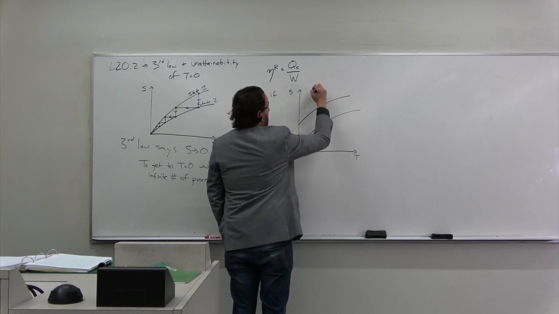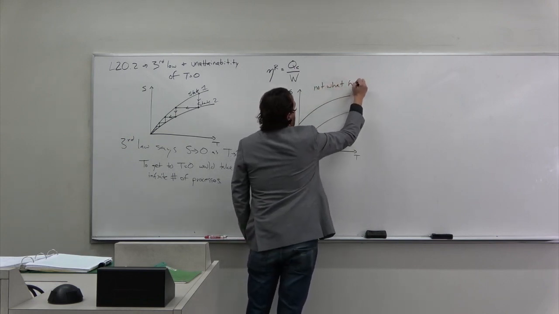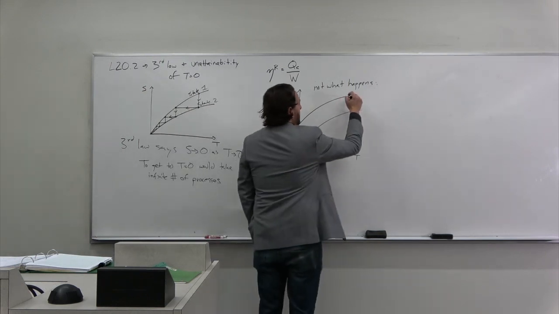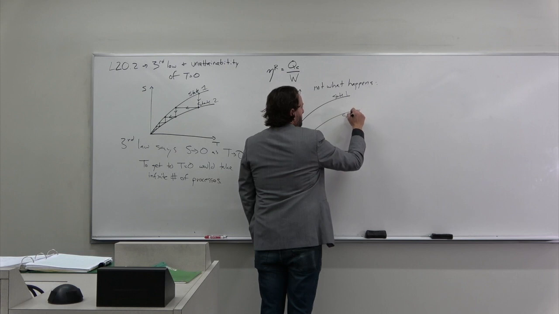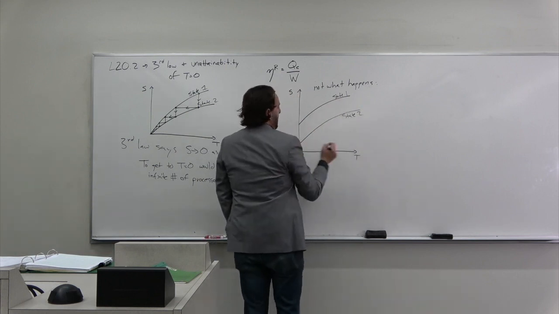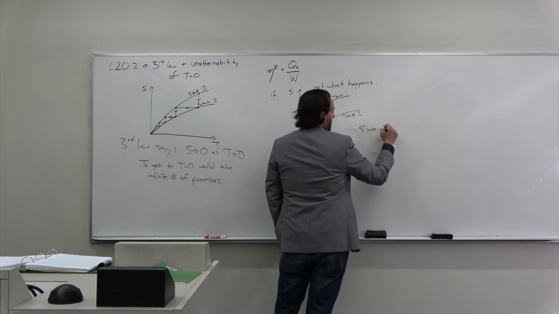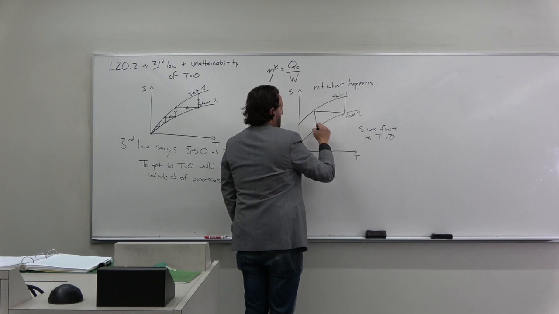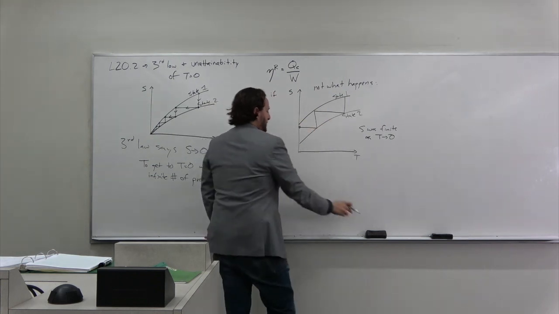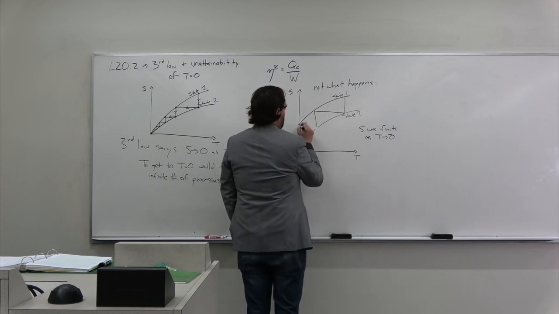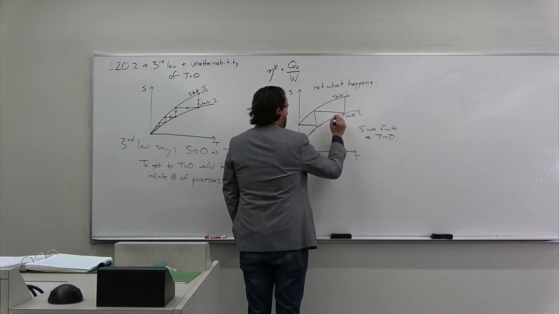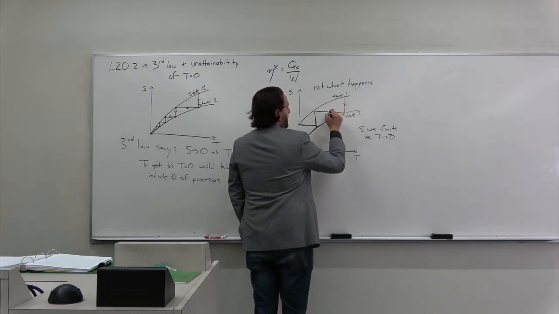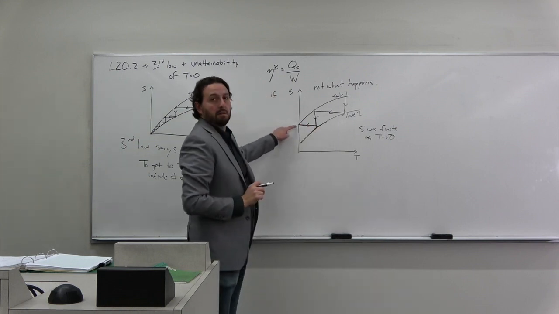This is not what happens, but just imagine that if I had state 1 and state 2, where S was finite as T goes to 0, then I could do some procedures where I could move to T equals 0, right?